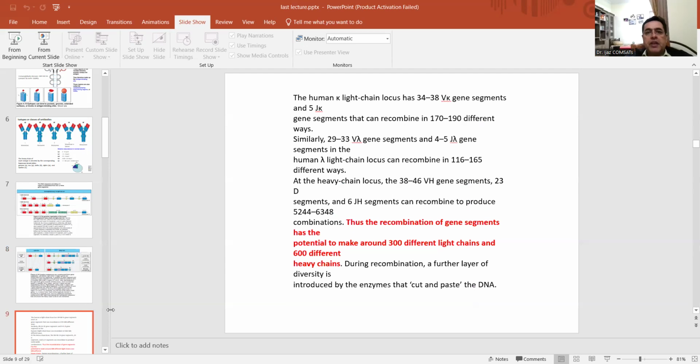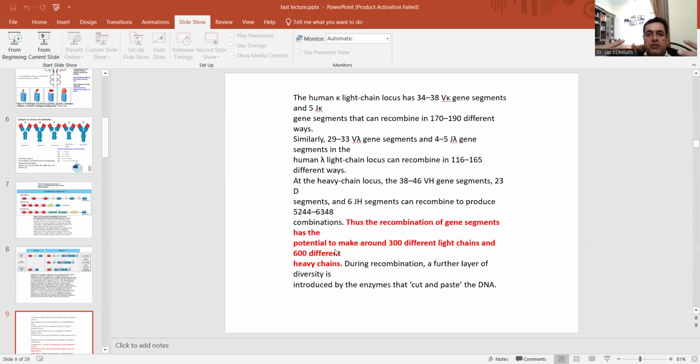So these are different combinations of these sequences, and these different combinations can give rise to a tremendous diversity, particularly in the variable region. And the recombination of gene segments has the potential to make around 300 different light chains and 600 different heavy chains.